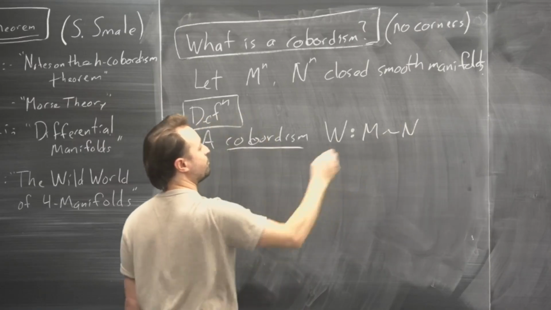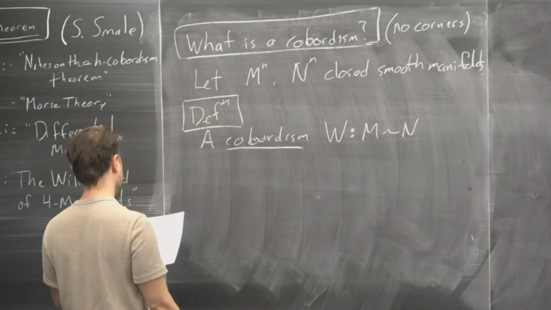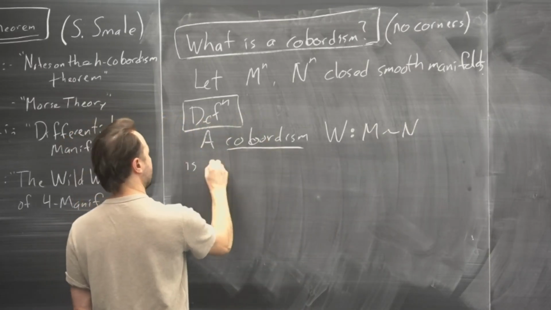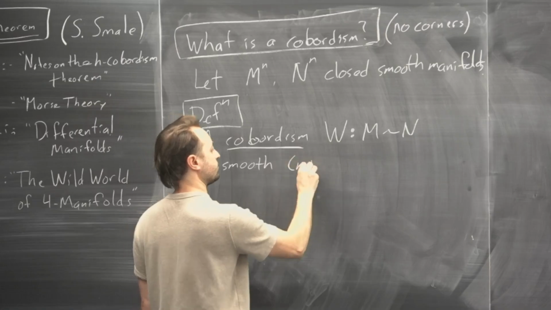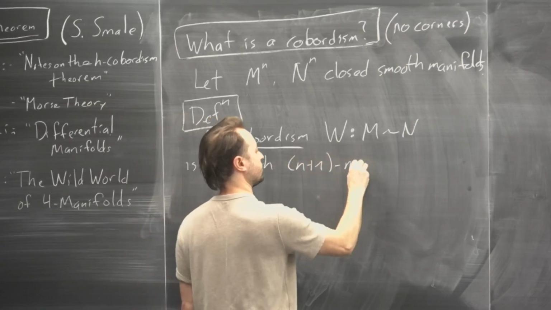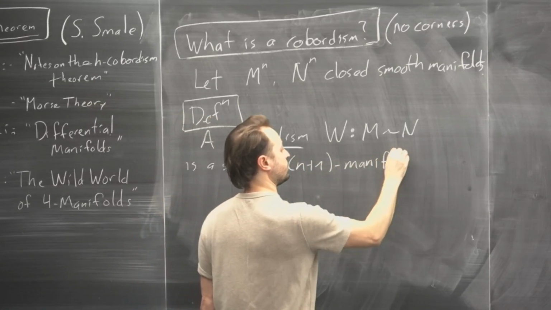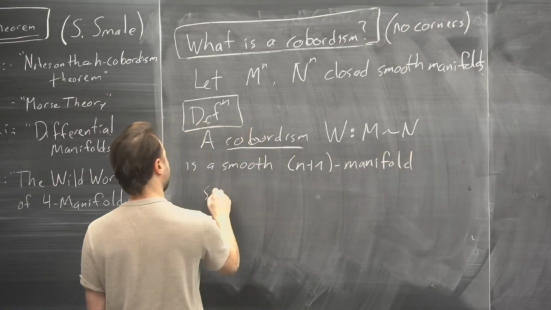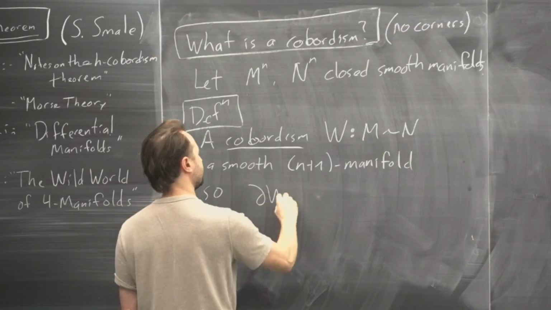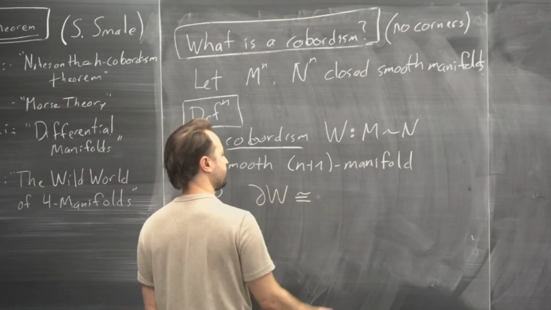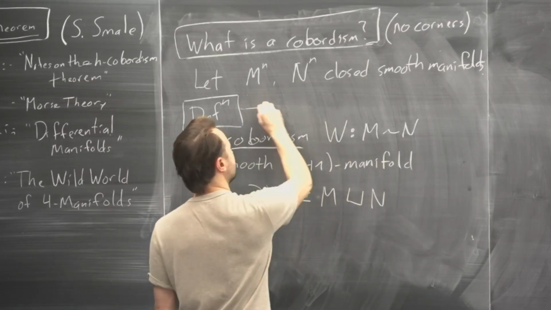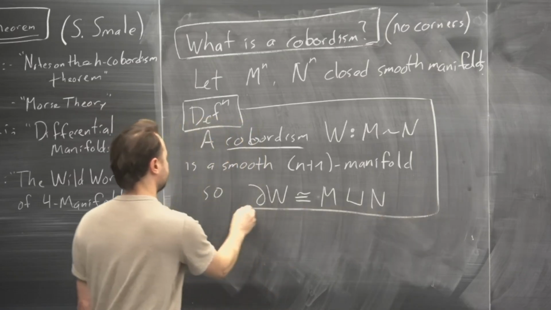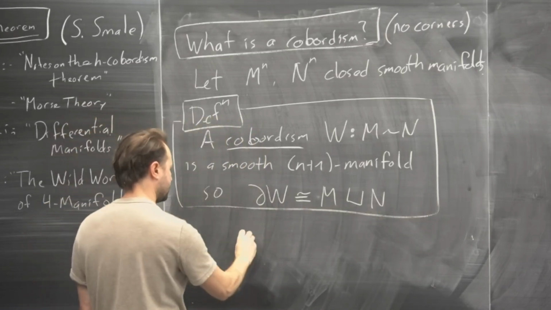So W kind of witnesses this relation between M and N, is a smooth manifold of one dimension higher, so that the boundary of W is diffeomorphic to the disjoint union of these two manifolds.